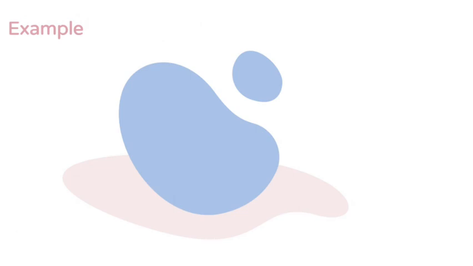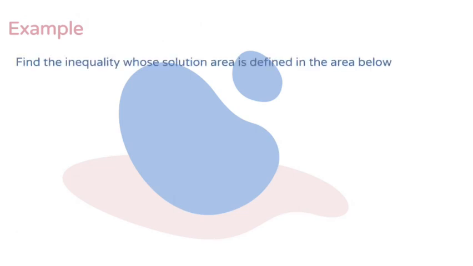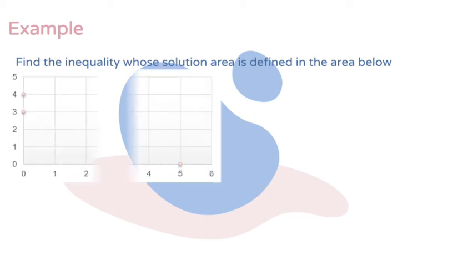For example, find the inequality system whose solution area is defined in the area below. From this figure, we will look for the inequality system. The first line intersects the y-axis at 4 and the x-axis at 3.